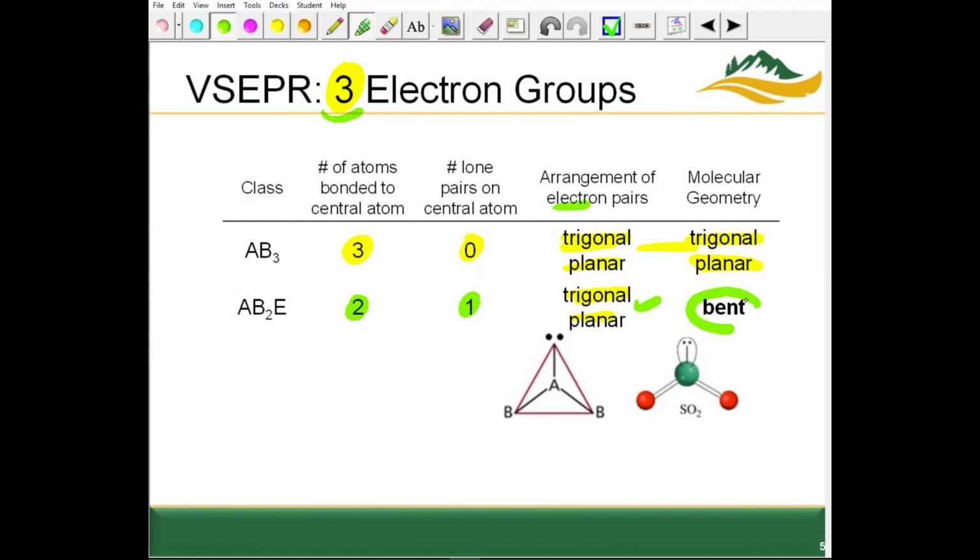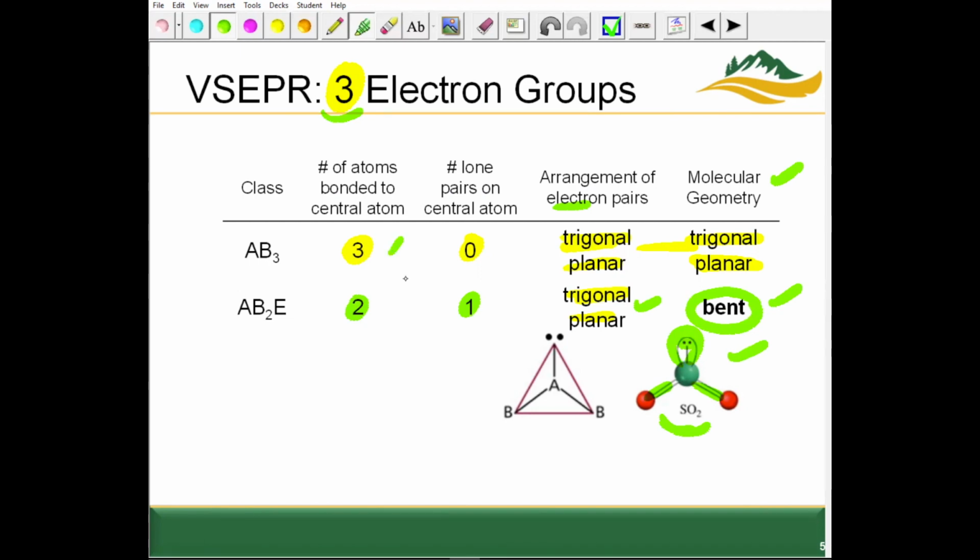But now this is bent molecular geometry. So that lone pair occupies more space. It's going to push this bond angle a little bit closer to one another. So these bonds can be a little bit closer. So when we do have a lone pair here, this is more of a bent molecular geometry.